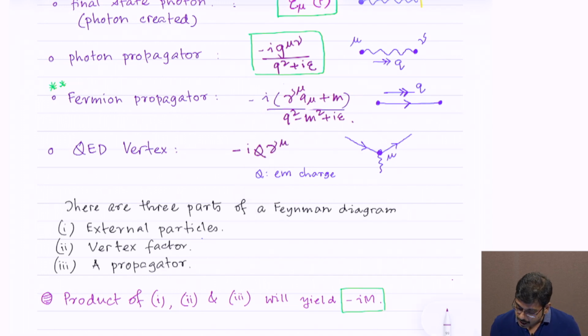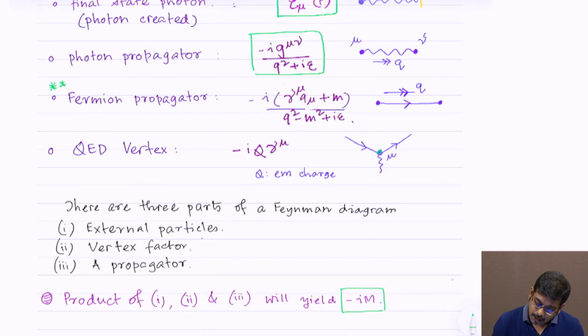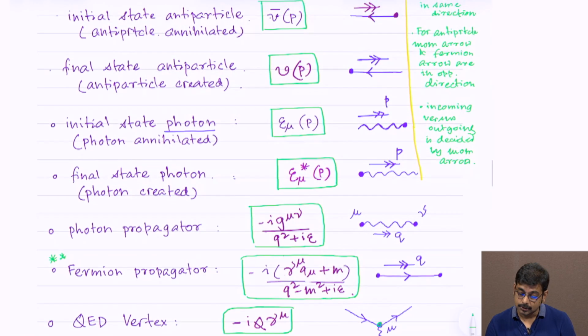So, this is how we define this interaction vertex, from which there is a photon connection and there are fermion lines. This is what is defined as a QED vertex. So, this completes our list of possibilities which enter into the construction of different QED processes.